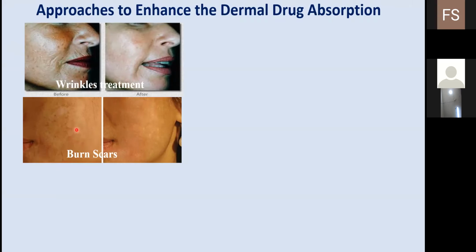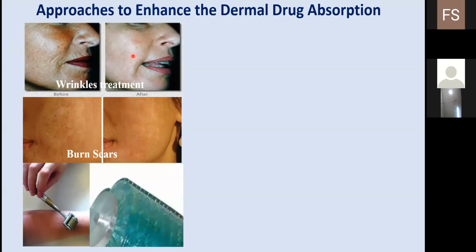When a person has a burn scar, you apply the microneedles, and then the appearance of the skin gets better and almost close to normal. Similarly, wrinkles were also one of the major applications. Basically, this was sold in the name of derma roller. Derma roller is basically a roller with tiny needles on top of it.